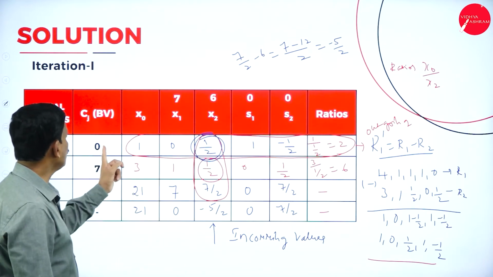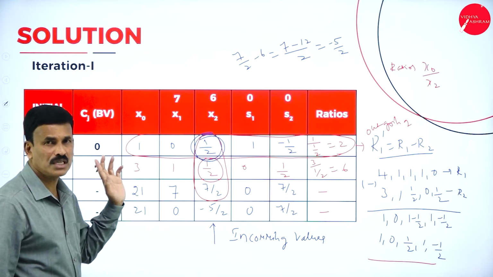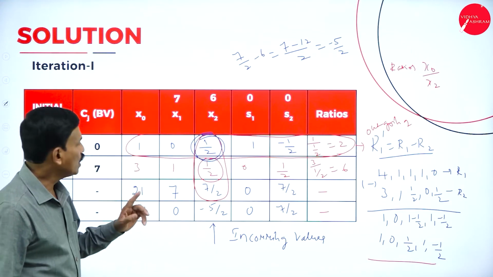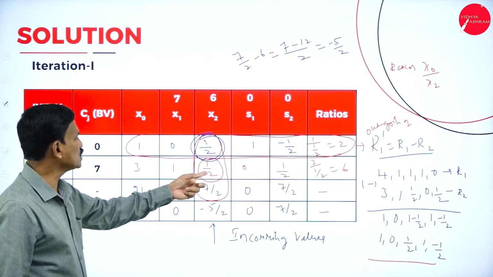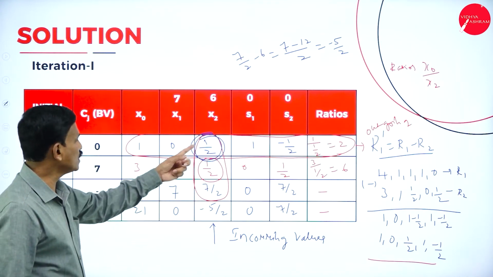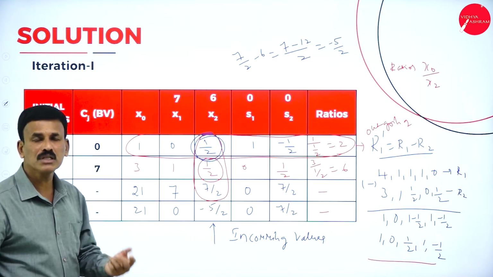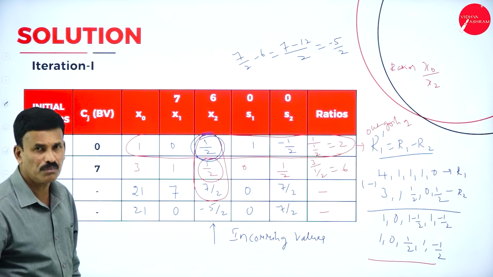For that, divide R1, this row 1, by 1 by 2 to give the new R1. The next step is convert the element below this key element 1 by 2 as 0 using a proper elementary row operation.